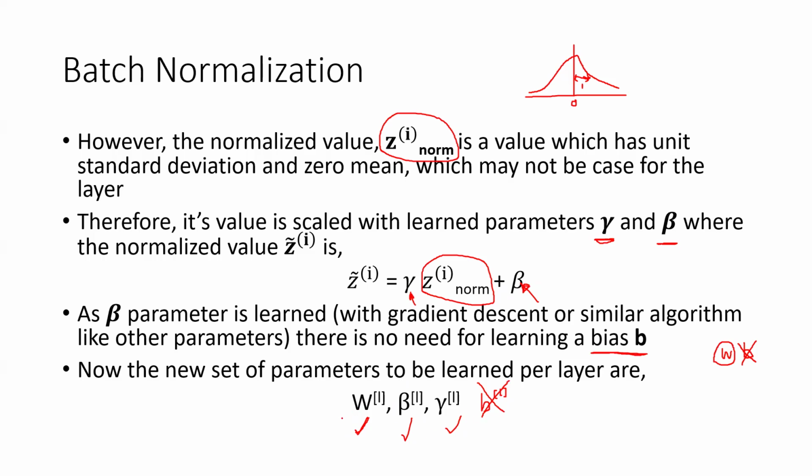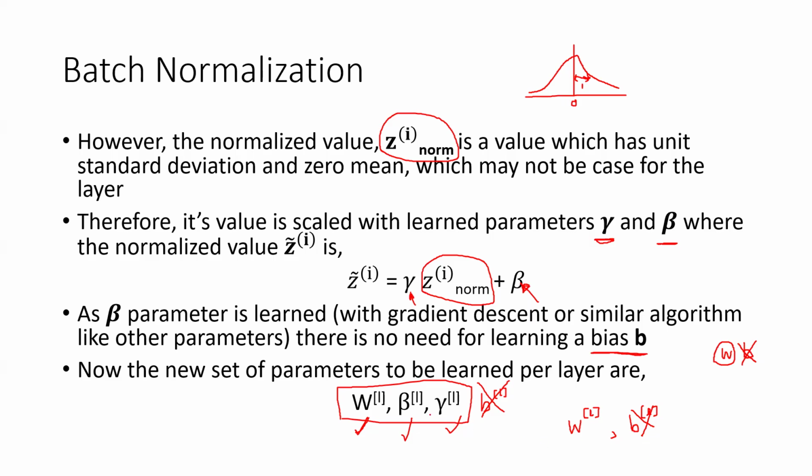Instead, you only have to learn these three vectors in each of these layers when you're using batch normalization, right? Before batch normalization, we had to learn WL and BL, where B means bias for the L. Now instead of bias, we are learning beta L and gamma L. Actually, beta L is also learning the same information as the BL.